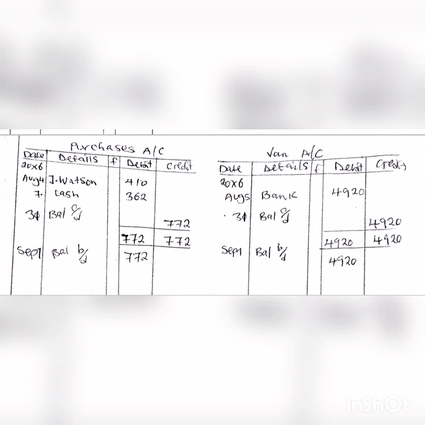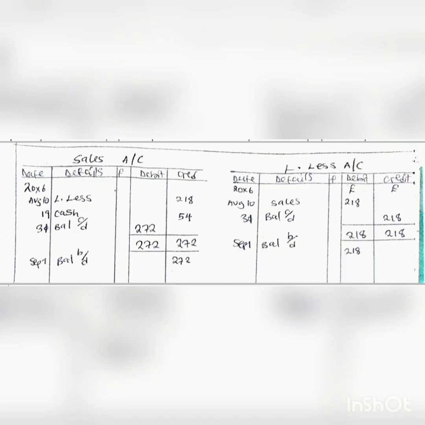A van is an asset. Whenever an asset is increasing, it is debited, meaning the van account, we are going to debit the 4,920, and the narration is going to be the check, it's the bank, of course. Then the bank is going to reduce by 4,920. So we record the bank on the credit side, 4,920, and the van account is going to increase by 4,920.